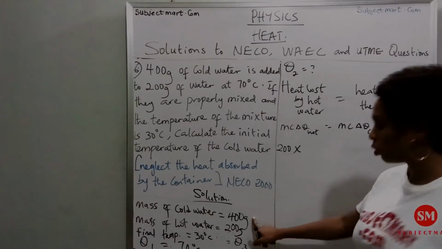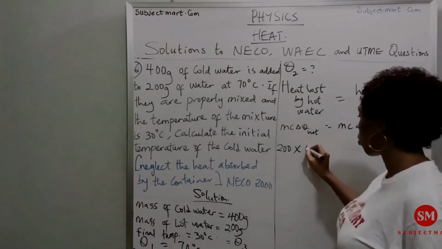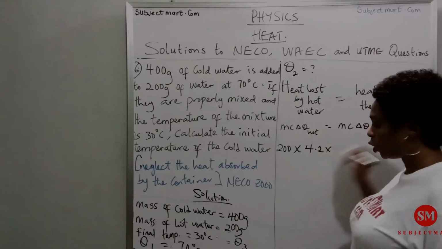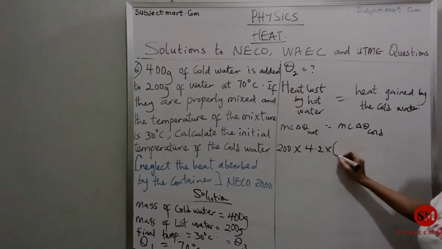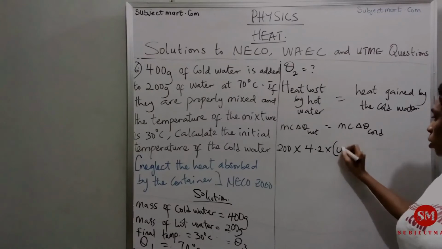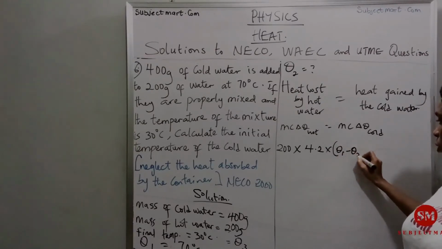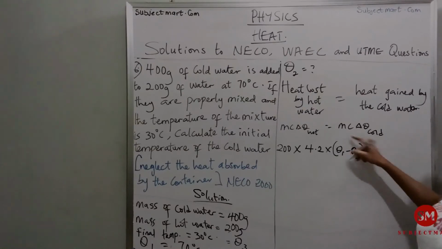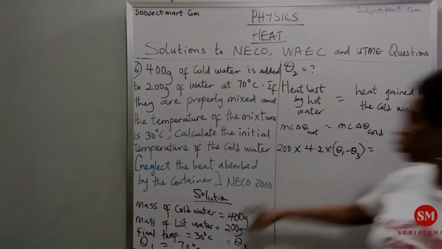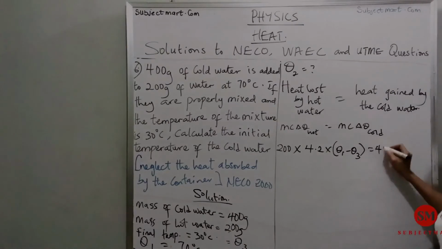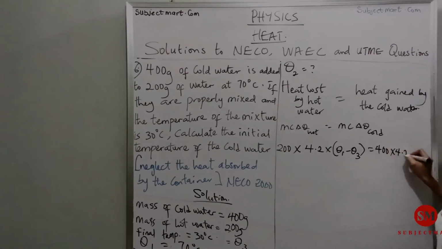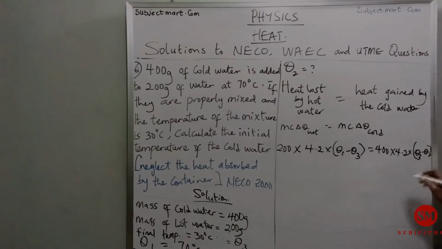Since we are working in grams, the specific heat capacity that we'll be using is 4.2. And then the change in temperature of the hot water is going to be theta 1 minus theta 3, which equals the mass of the cold water, that's 400 times 4.2. Then we have theta 3 minus theta 2.